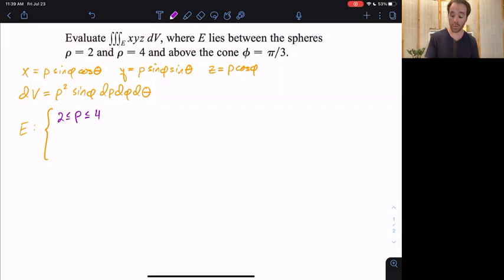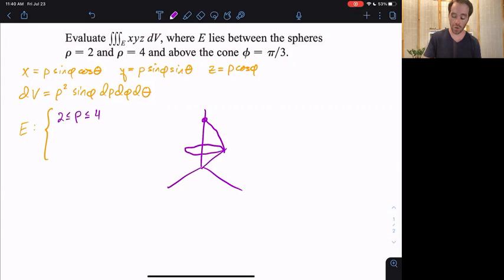Above the cone, phi equals pi over 3. What that means is that phi, remember, counts the angle from the positive z-axis tilting downwards. So by the time it gets to pi over 3, it's gone through this much of an angle, from up here to down there.